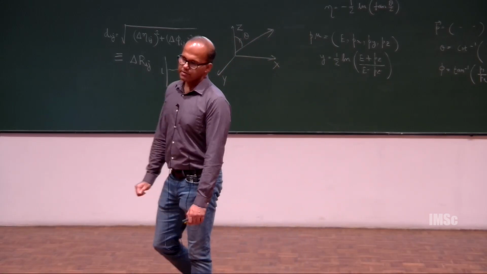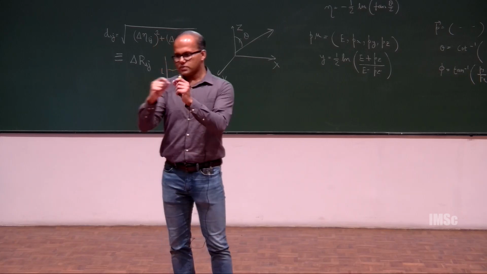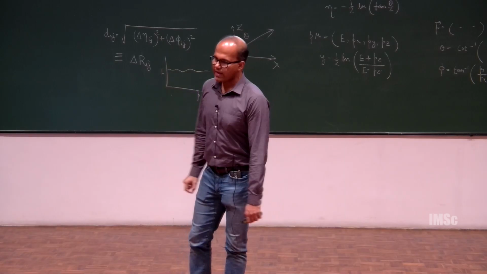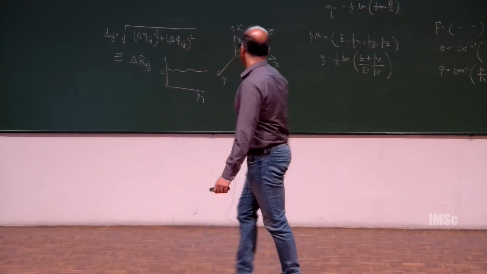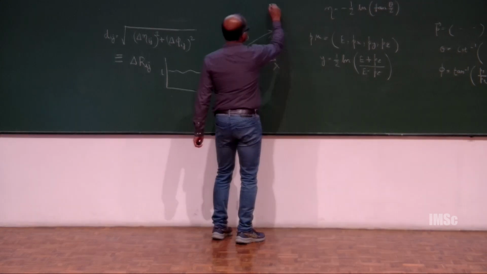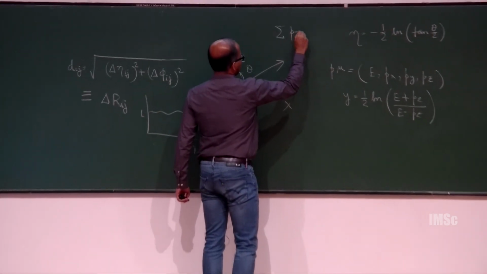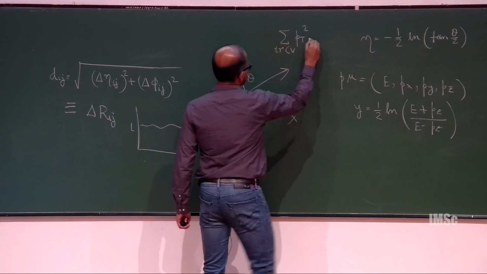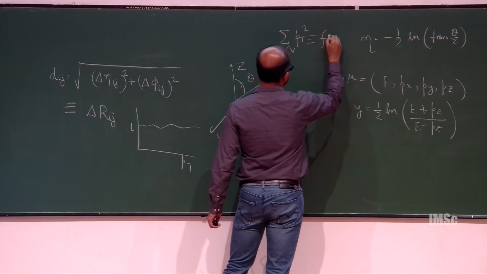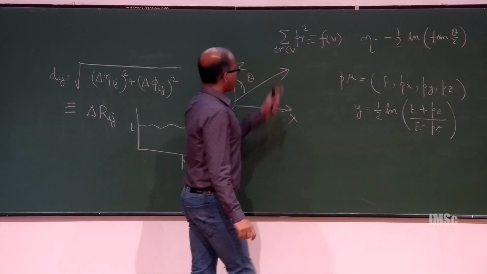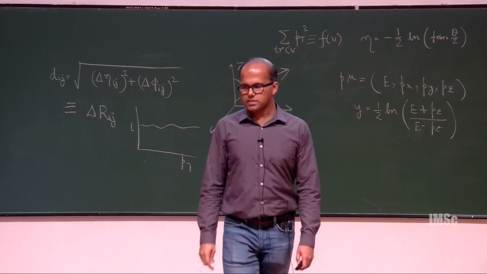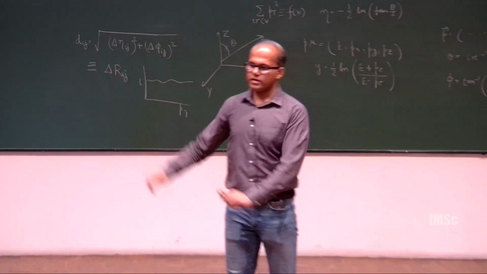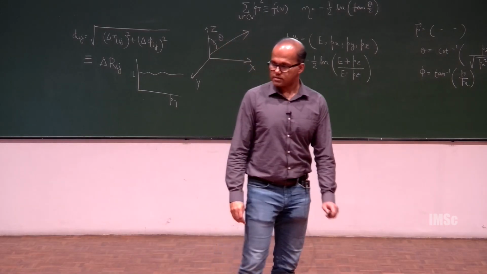So you keep a threshold: for each vertex there are tracks coming out, and you can associate a quantity called the sum over pT squared for all the tracks belonging to a vertex. This is a quantity which is unique for each vertex, and you see for which vertex this number is highest, and that's what you identify as the primary vertex, and the rest of them you call secondary vertices.